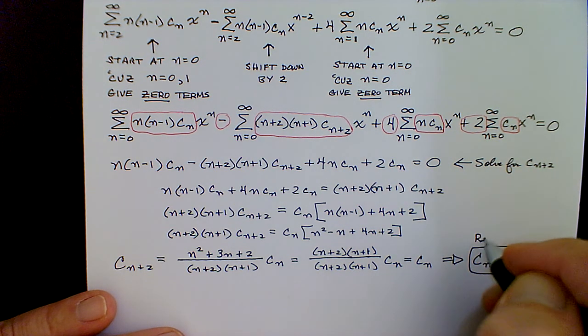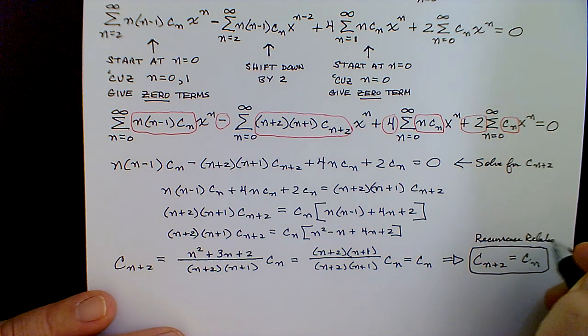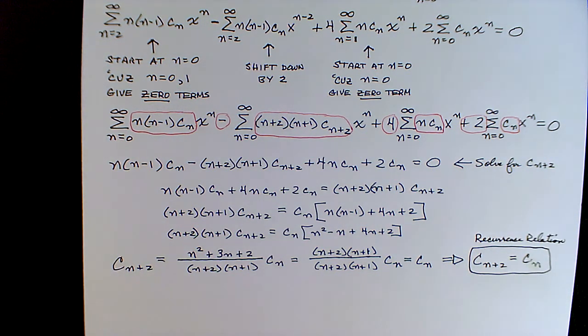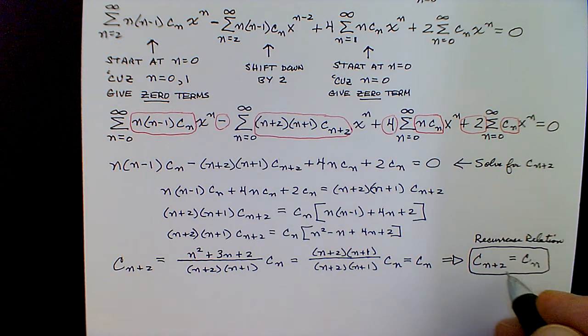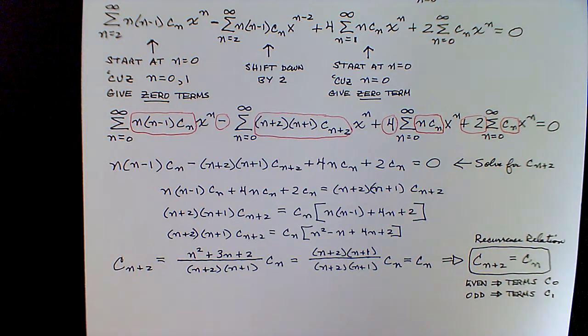So this is our recurrence relation. And similar to the examples we went over before, because n plus 2 and n differ by 2, we're going to need the evens in terms of c sub 0, and the odds are going to be in terms of c sub 1.